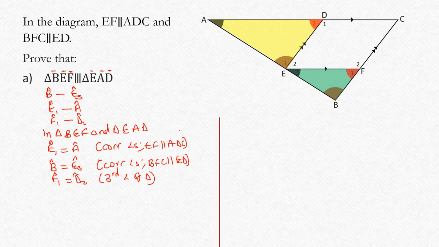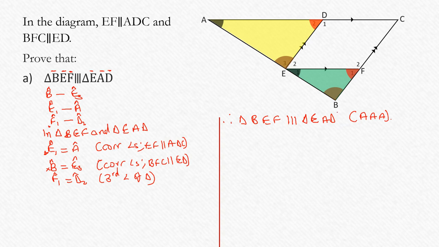Then we can conclude and say, therefore, triangle BEF, B goes with E, is similar to triangle EAD, E goes with A, and F goes with D. The reason: you can even write angle, angle, angle. We've done the first part of our question. We proved that triangle BEF is similar to triangle EAD.